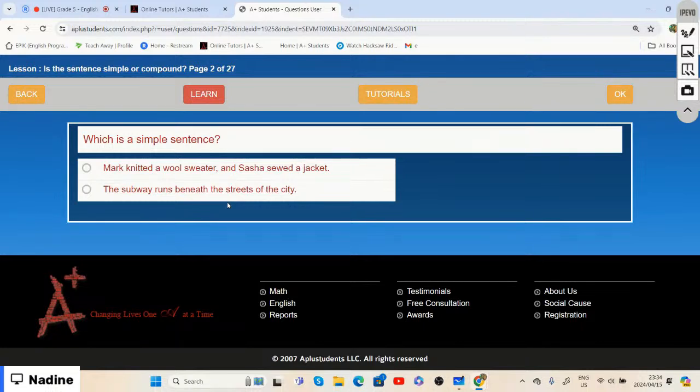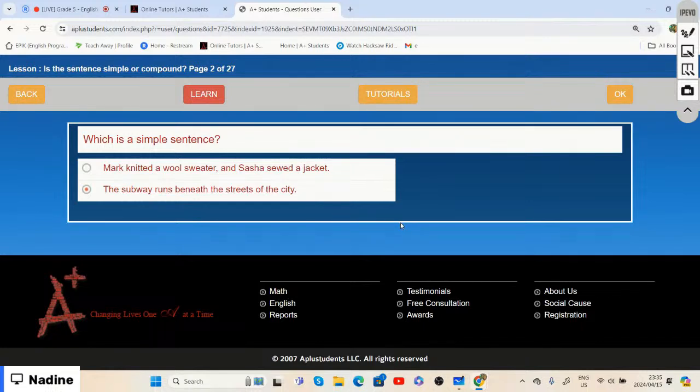Let's give everyone some time. All right, so a simple sentence is option two, which is the subway runs beneath the streets of the city, right?